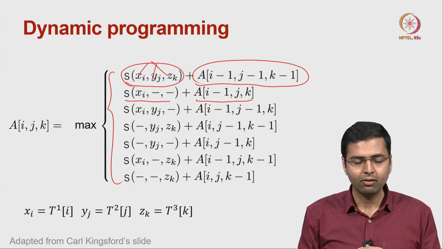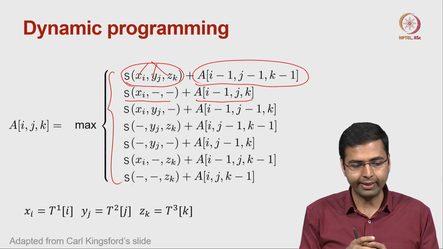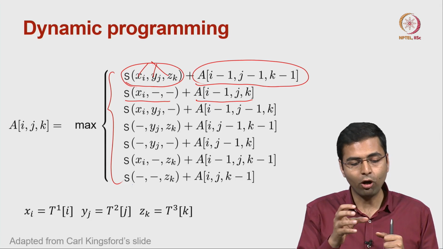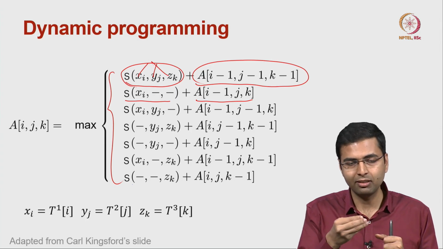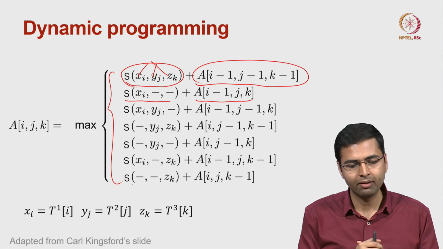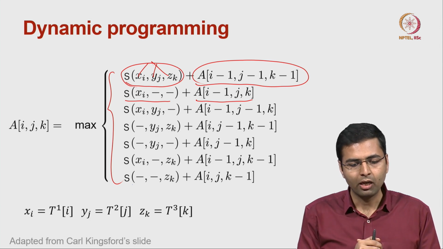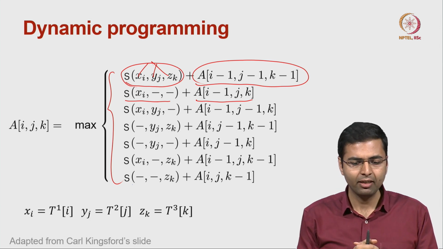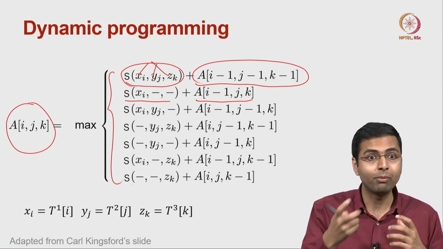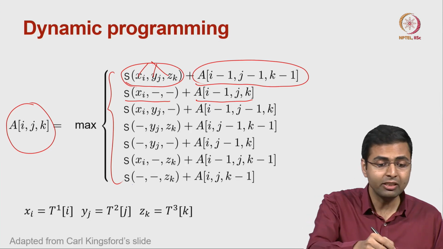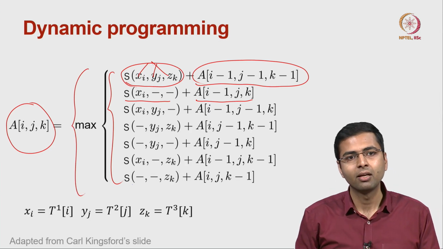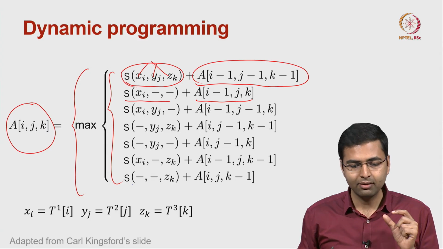Then basically we can solve this matrix. This is a 3-dimensional matrix now, and we can follow an ordering in which to compute these elements of the 3D matrix, and solve those elements one by one. Now, as far as the runtime of this algorithm is concerned, we will have to look at how many values we are solving, that is, how many subproblems, and how much time it takes to solve each subproblem.